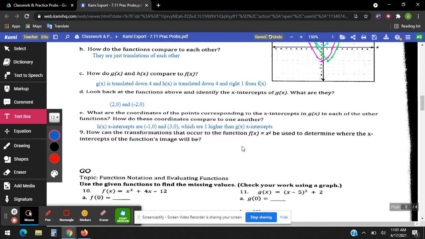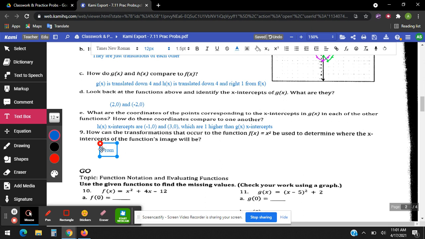So how can transformations that occur to the function f of x equals x squared be used to determine where the x-intercepts of the function's image will be? So if you remember from our notes on this one, from the vertex form, f of x equals x minus h to the second power plus k.